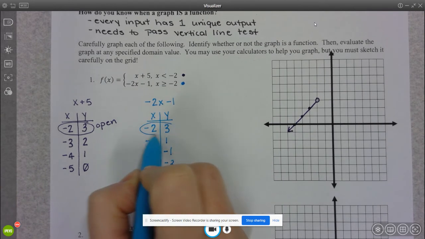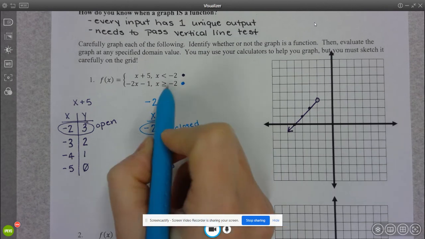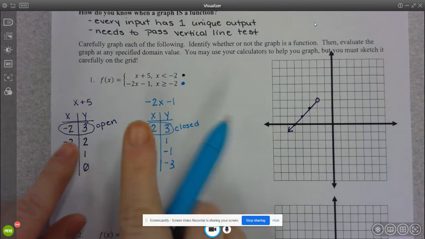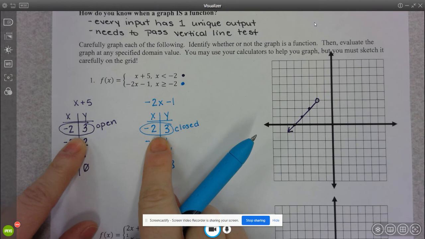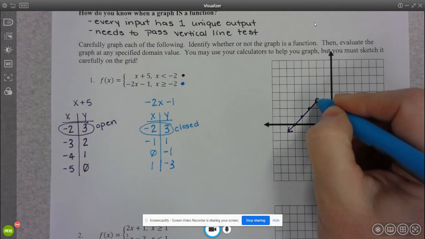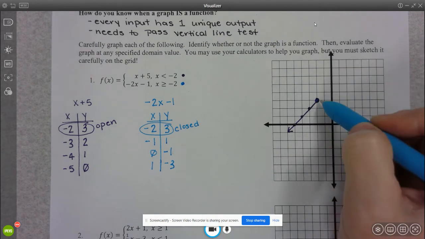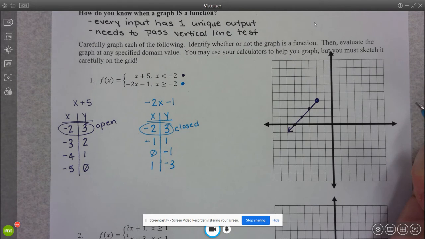Now in this case, this is going to be closed because it has an equal to. Now you're going to notice here, in this case, it's the exact same point. So when that happens, my closed circle wins over an open circle.